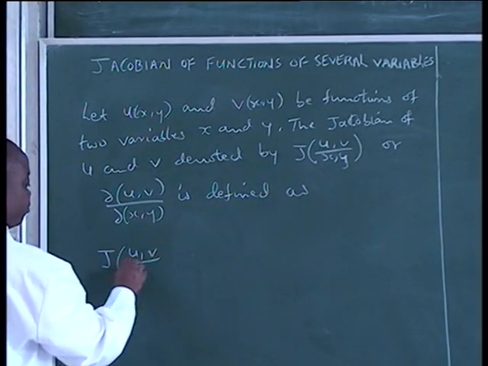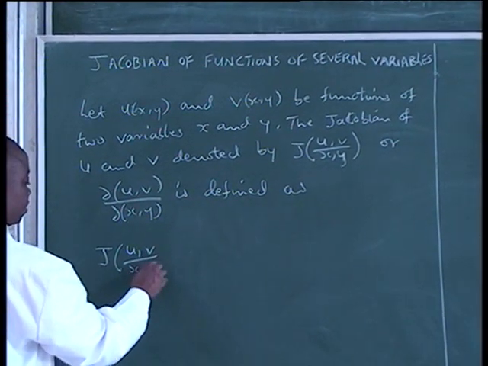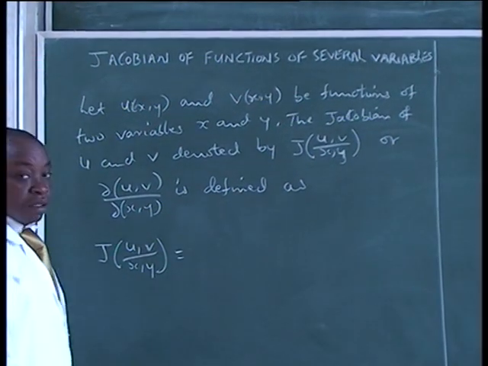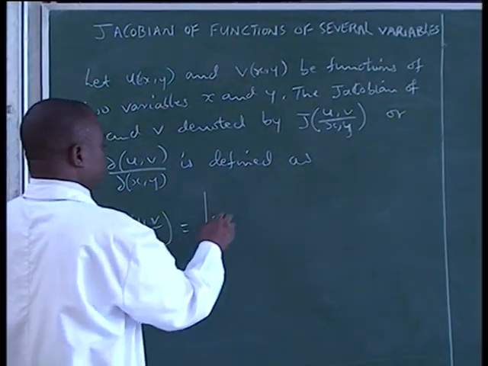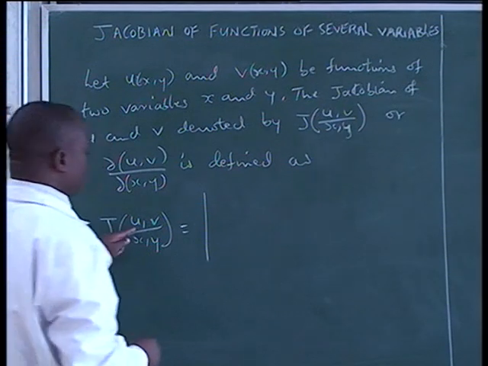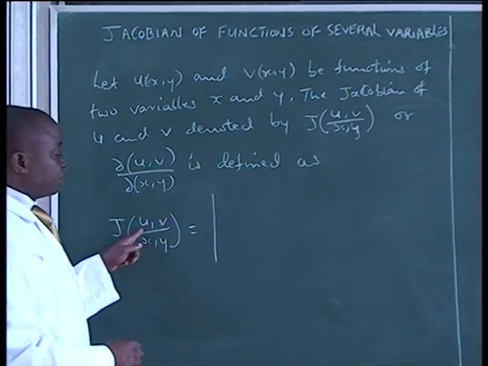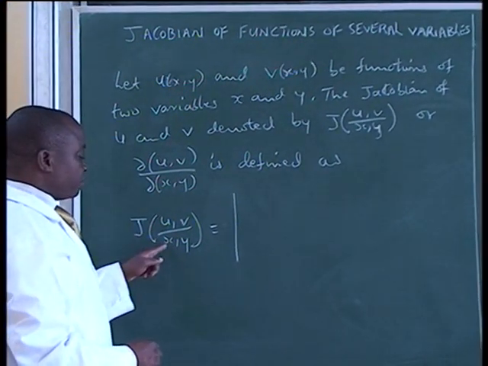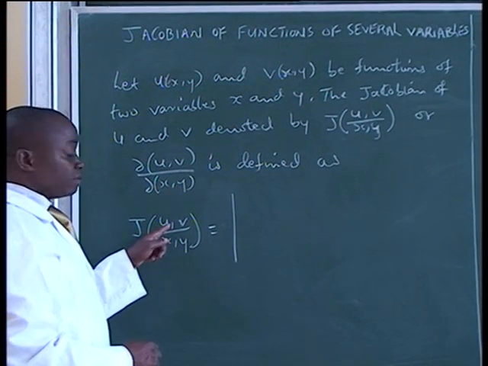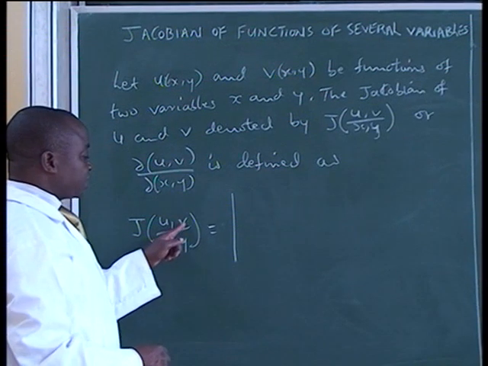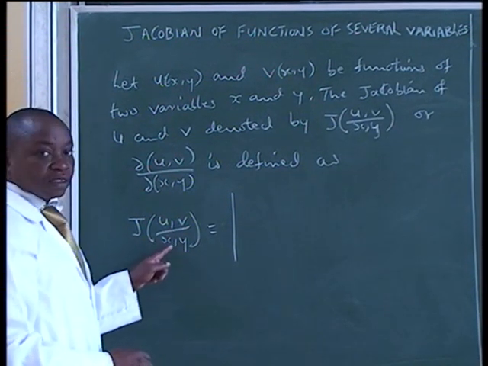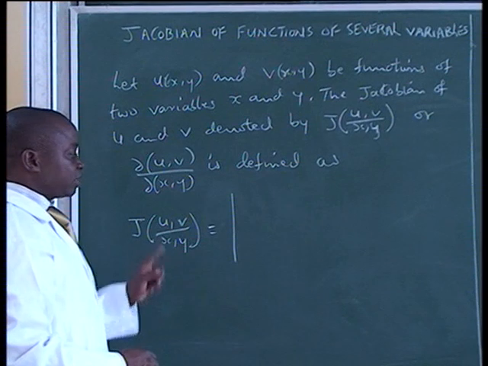Jacobian of u, v with respect to x and y is equal to the determinant of the first derivative of u with respect to x, and then first derivative of u with respect to y, first derivative of v with respect to x, first derivative of v with respect to y.